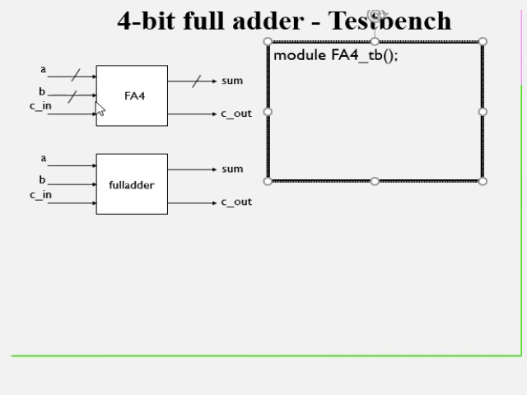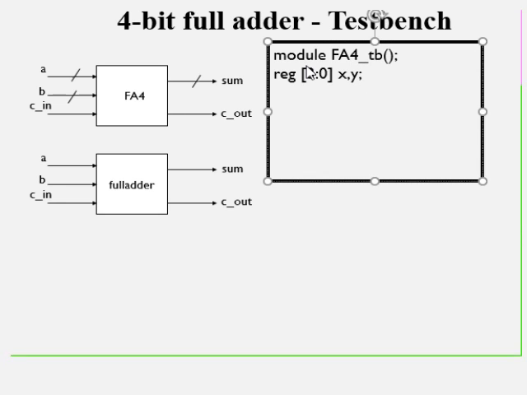Now, what are the inputs and outputs I require to apply the stimulus for this 4-bit full adder? The 4-bit full adder has two inputs which are 4-bit wide. These should be declared as registers, so it is 3 down to 0, say x comma y. I will simply give some other names.